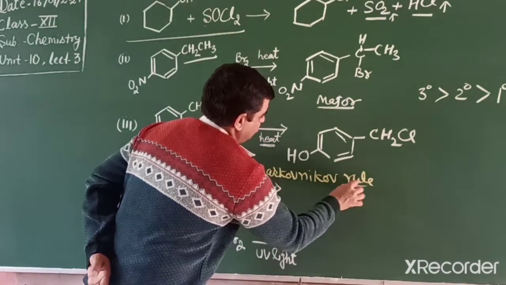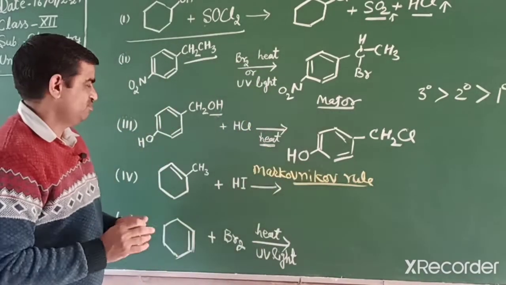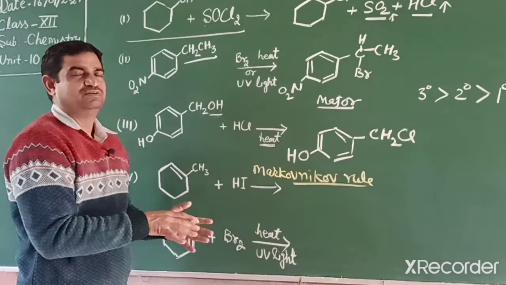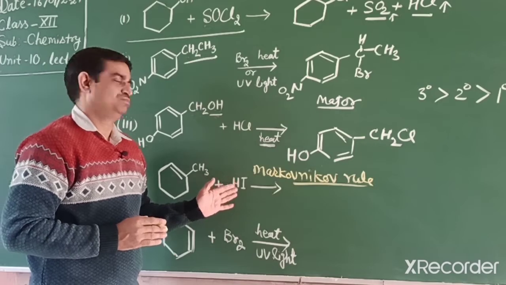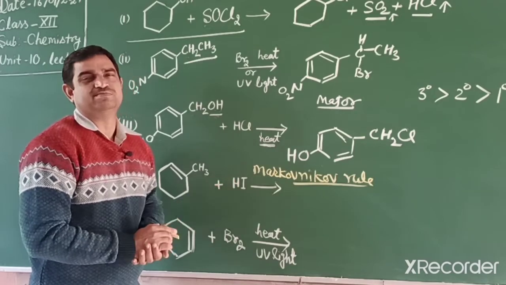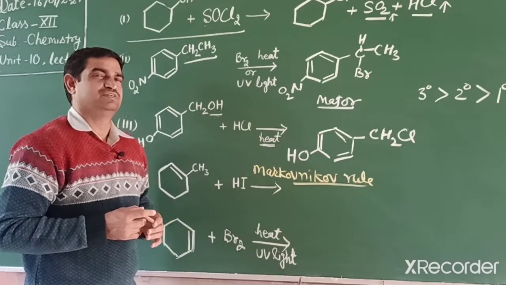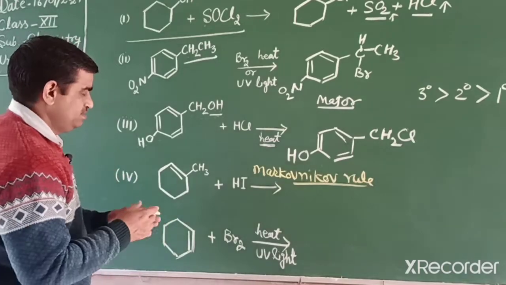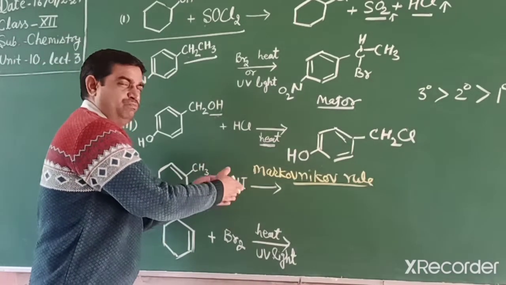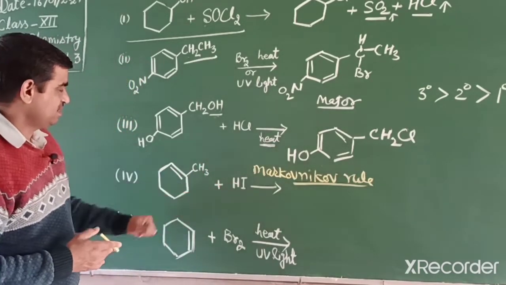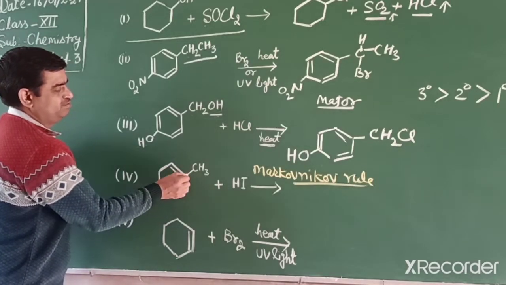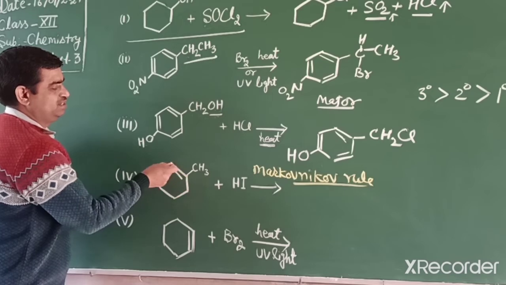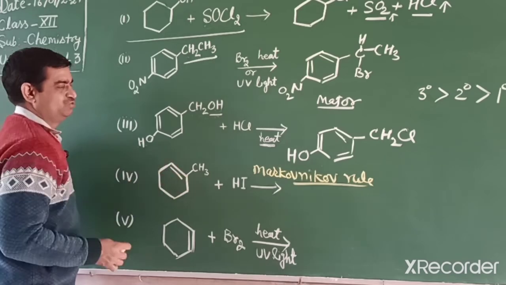What is this rule? When any hydrogen halide is added to an unsymmetrical alkene, the halogen, the more electronegative element, attaches to the carbon having fewer hydrogens. So the halogen attaches to this carbon, which has no hydrogen, and this carbon has one hydrogen.